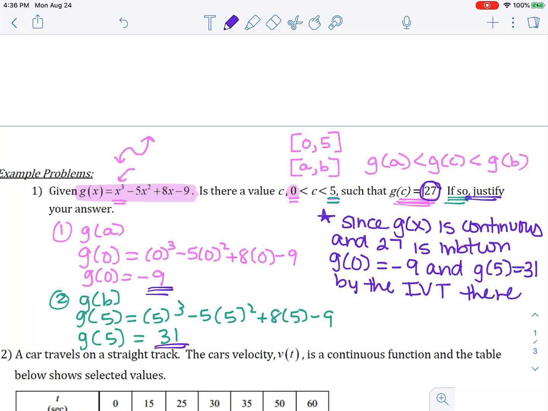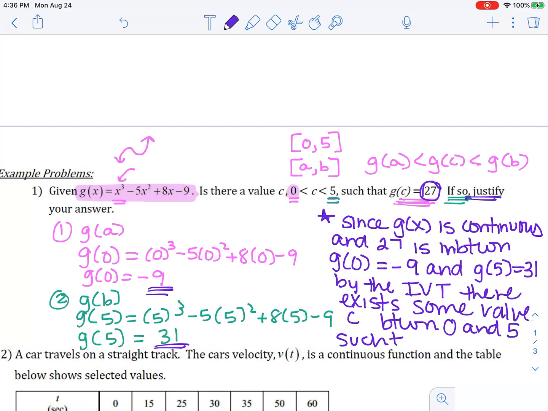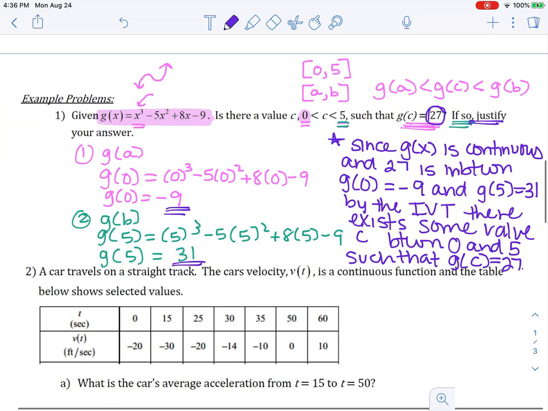There exists some value C between 0 and 5 such that g of c equals 27.